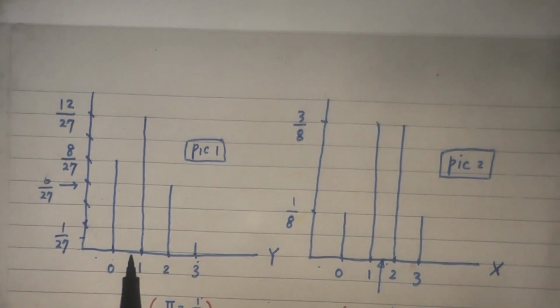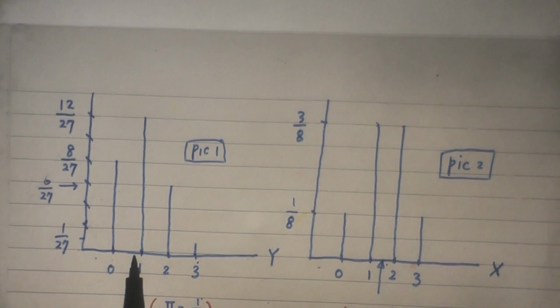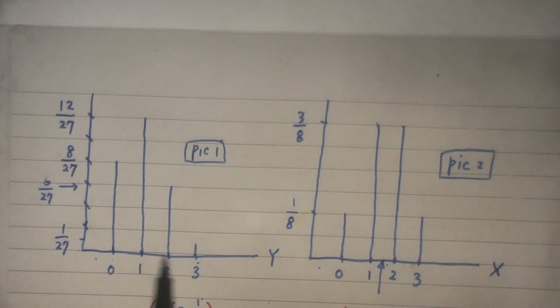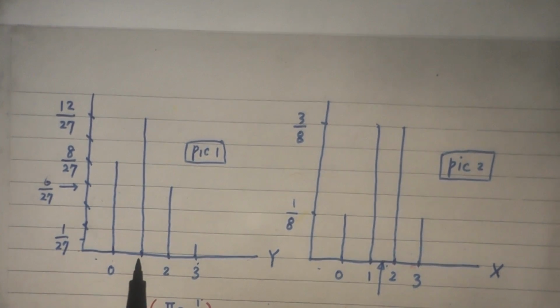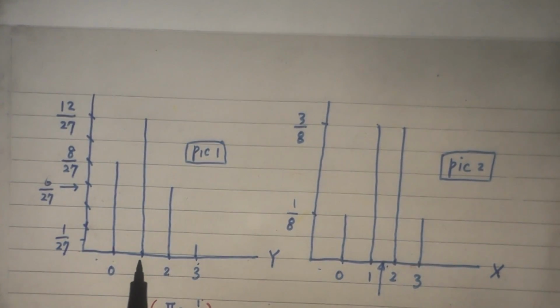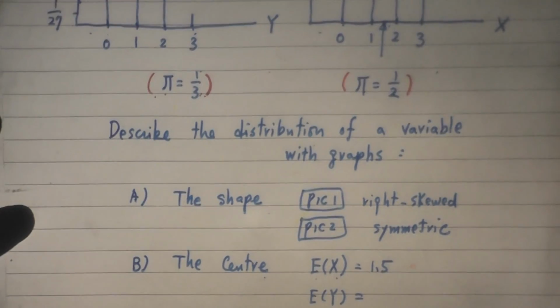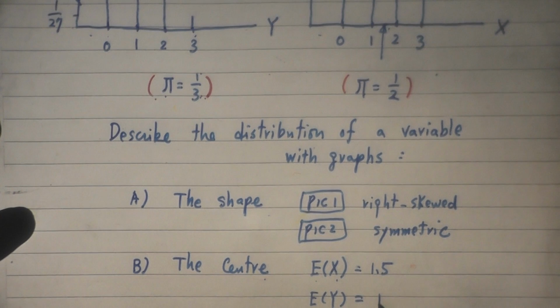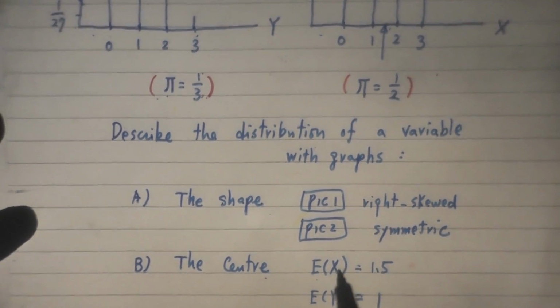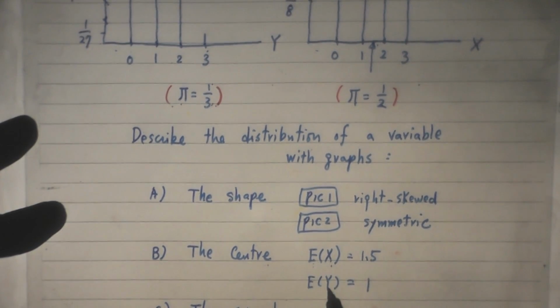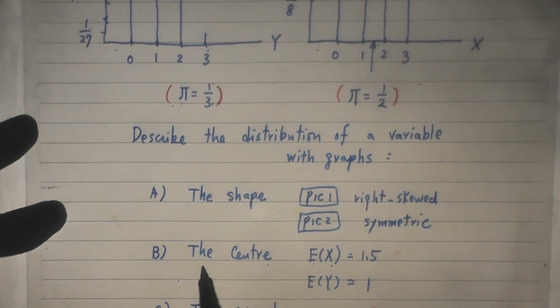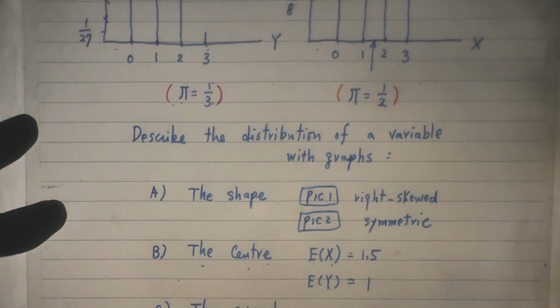On the other hand, if you put a point on the left-hand side of 1, no matter how close to 1, it always gives a feeling that this side is too heavy. So the center is 1. EY is 1. The expected value of a random variable tells you the center of the distribution.